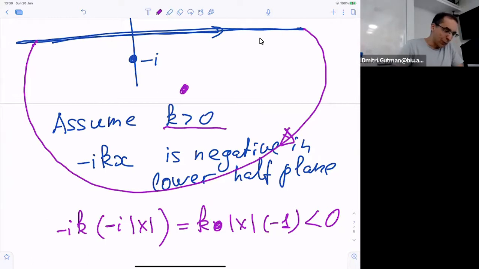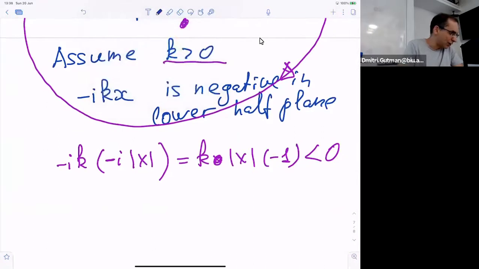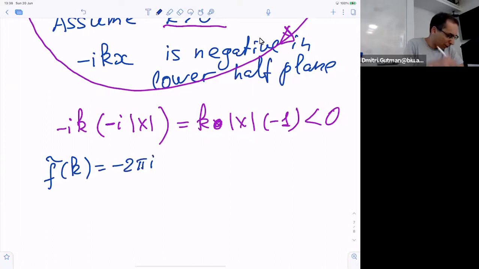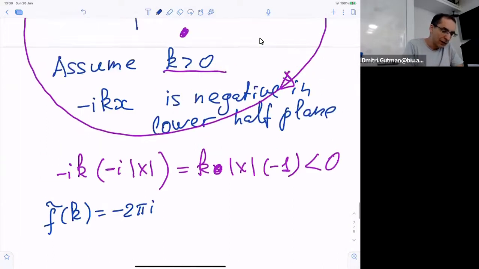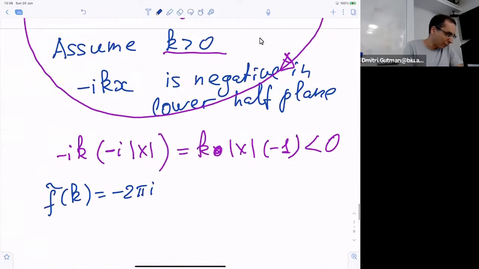Okay, so let us just do it. Let us consider this positive k and close the integral in the lower part of the complex plane. Then I get minus 2 pi I, because I closed it in this direction, and the contribution that I'm picking is the contribution from the pole at minus I. Here I will get minus 2I in the denominator, and here I'll get e to the power minus I times minus I times k.